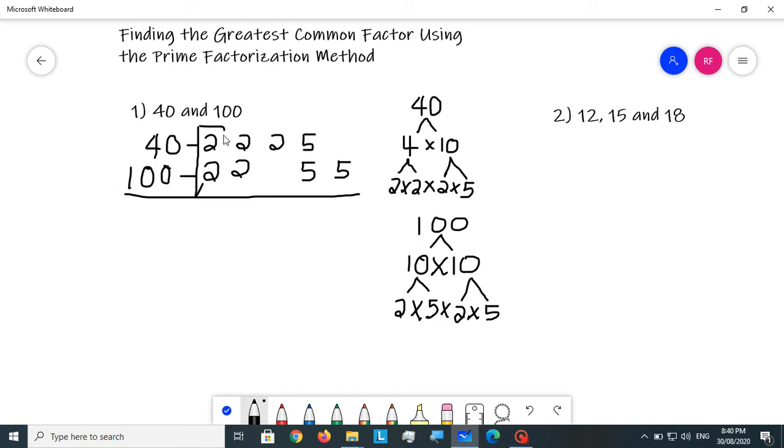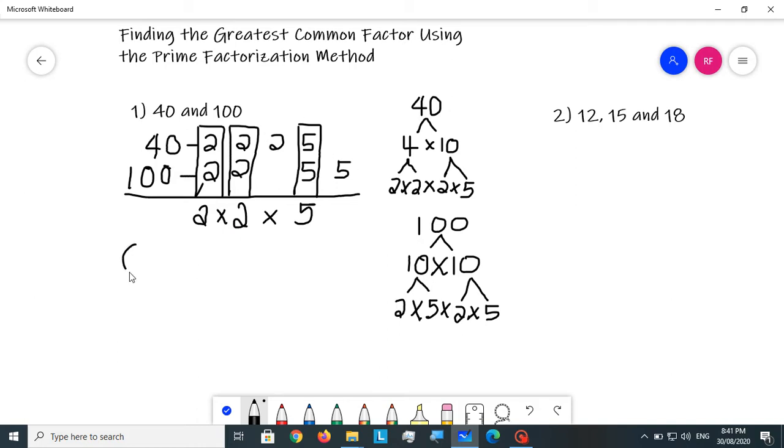Then those with common prime numbers, you bring them down. So we have 2, 2, and 5. Then multiply them. You don't need to bring down those with no partners.